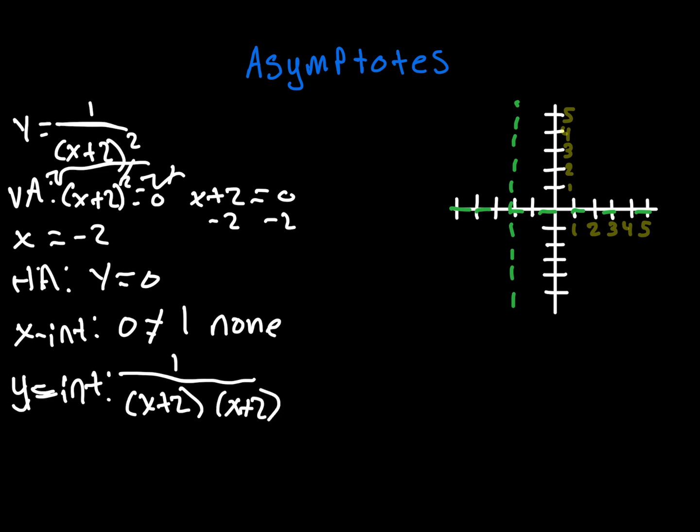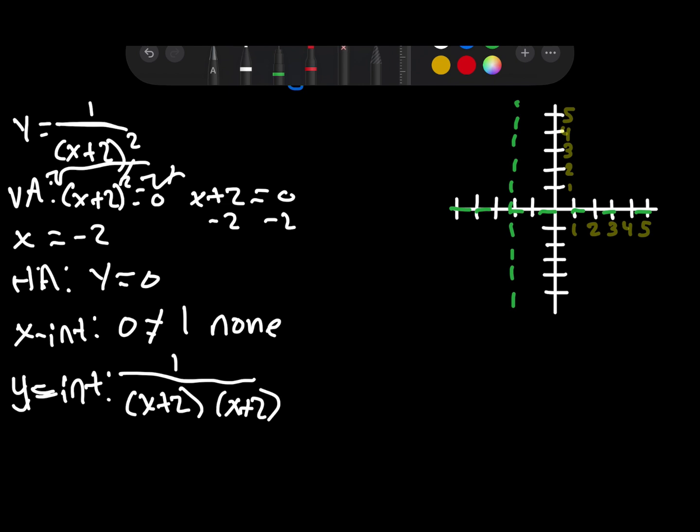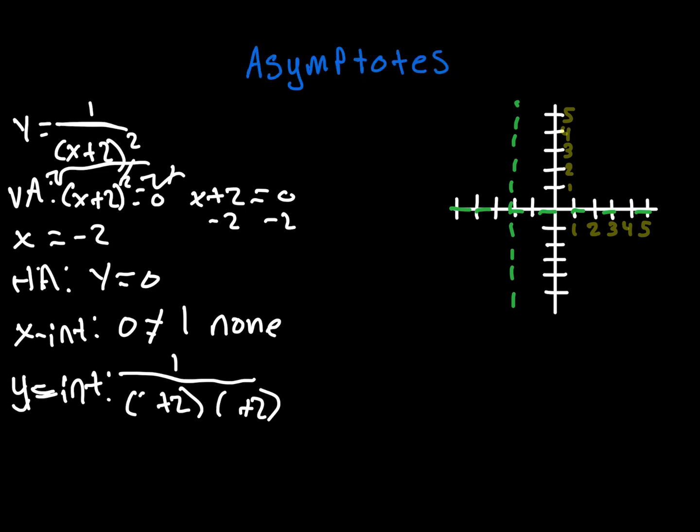And we could simply plug in 0 for our x's. This would mean 0 plus 2 equals 2, and then 0 plus 2 equals 2. So it would be 1 over 4. In coordinate notation, this would look like (0, 1/4).